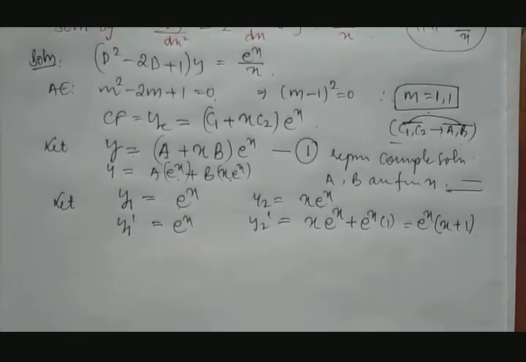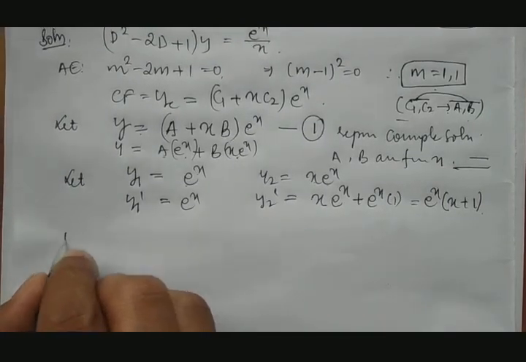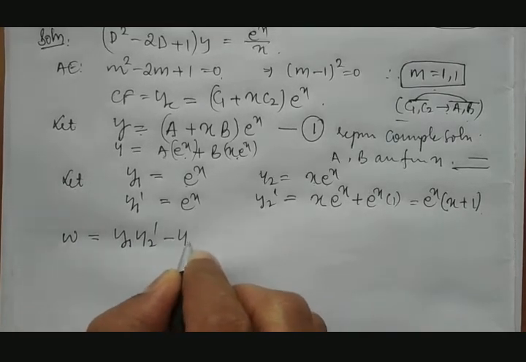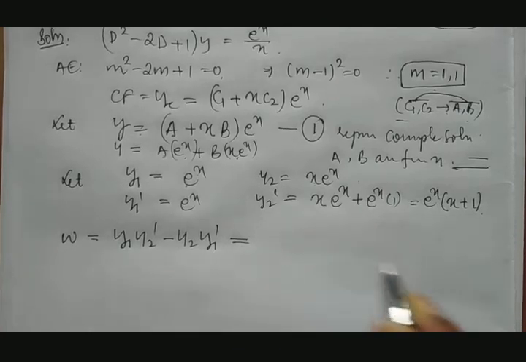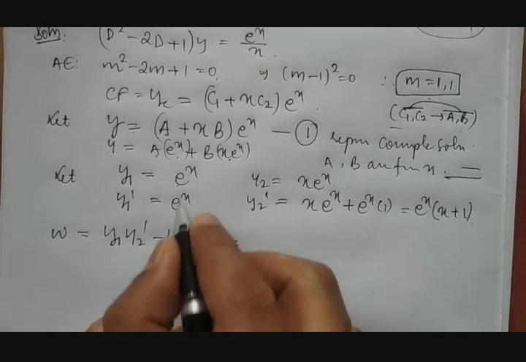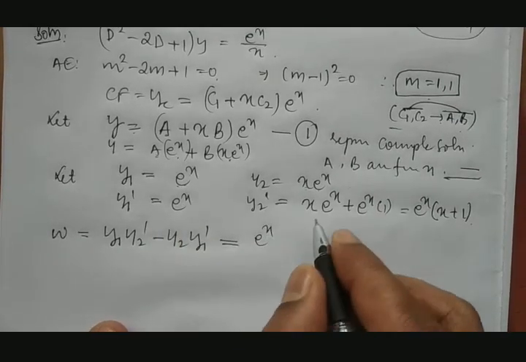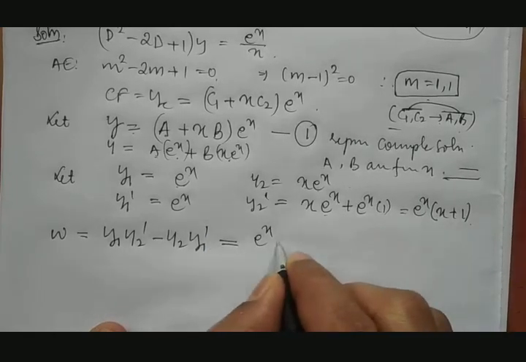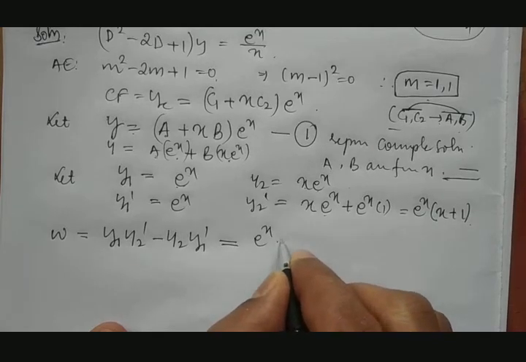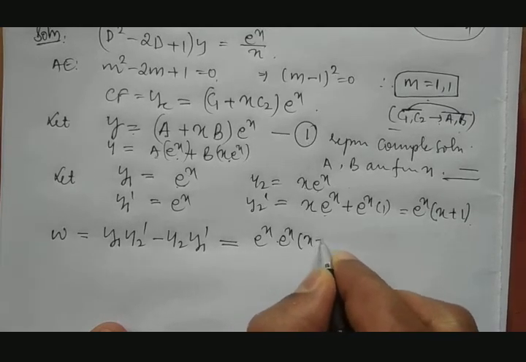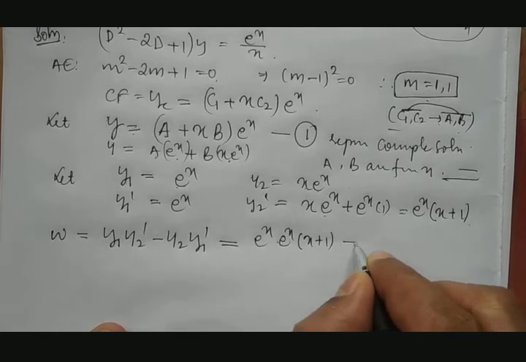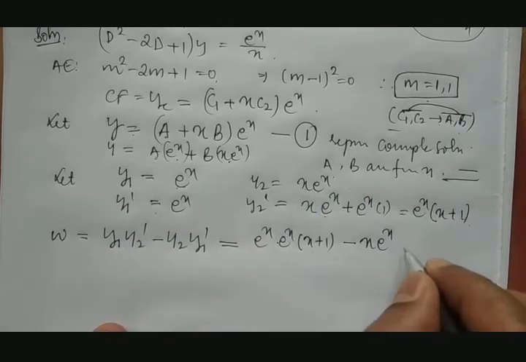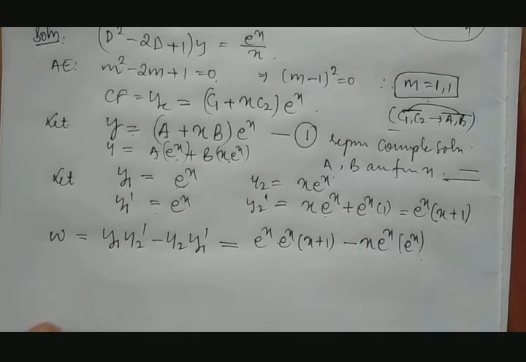Therefore, let us go through the Wronskian. The Wronskian is y1 into y2 dash minus y2 into y1 dash. Therefore, y1 is e raised to x, y2 dash is e raised to x into (x plus 1), minus y2, which is x into e raised to x, times y1 dash, which is e raised to x.